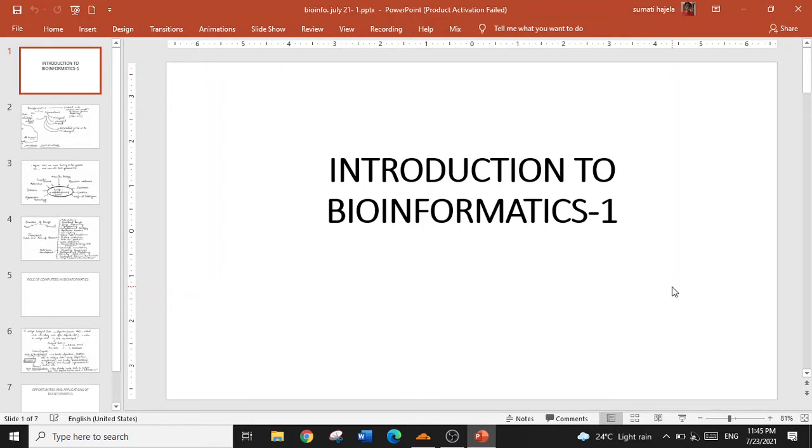From the 1950s onwards, a large amount of sequence data related to various living organisms has been collected and stored in databases. Bioinformatics has grown at a very fast pace and evolved with the initiation, execution and completion of the Human Genome Project.